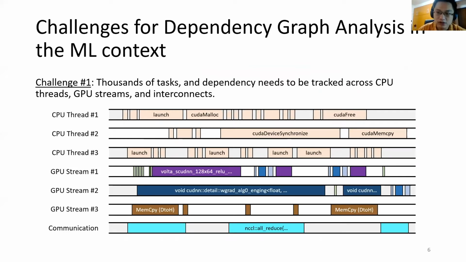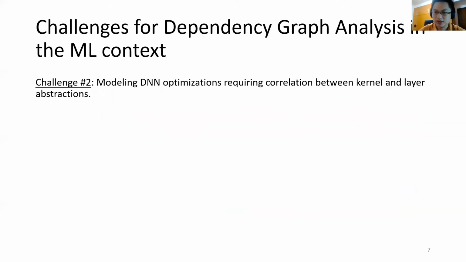Each box here corresponds to one GPU kernel or a CUDA API, and we'll have a corresponding node in the dependency graph. And there are usually thousands of such boxes in just one training iteration, meaning that the graph will be huge. And the dependencies need to be tracked across all these traces at different threads and streams.